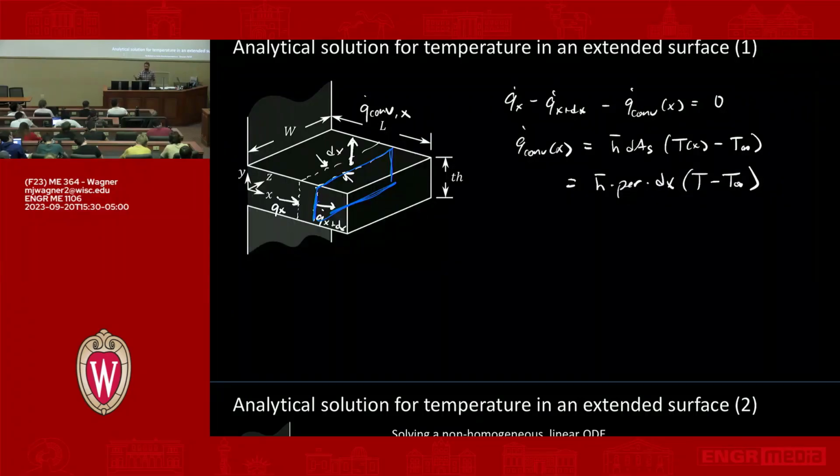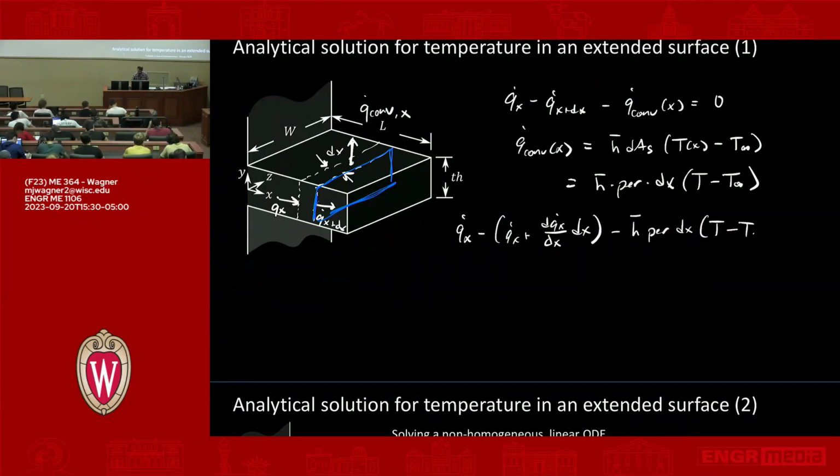The conduction stuff we've already done, right? We can go back and just do that the same way. So let's just expand this out. q dot x minus q dot x plus dq dot x dx times dx, minus now h bar perimeter dx times T minus T infinity is equal to 0.